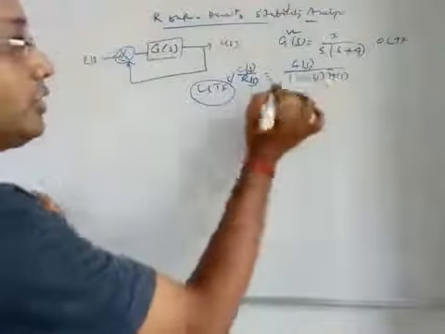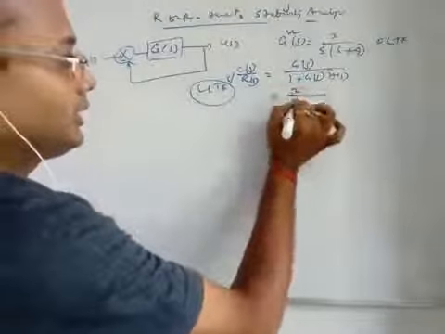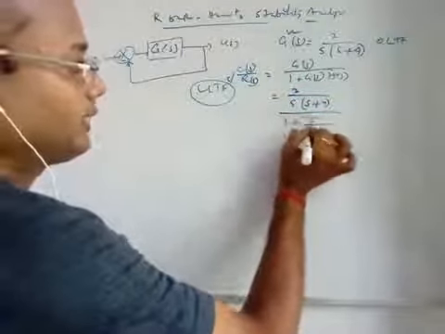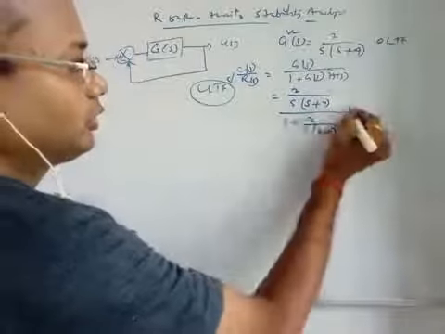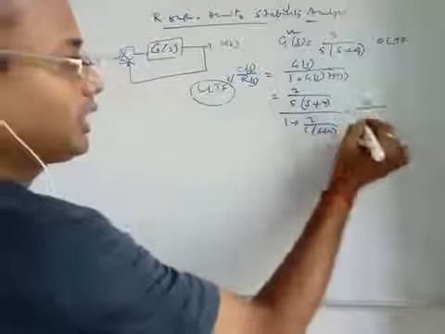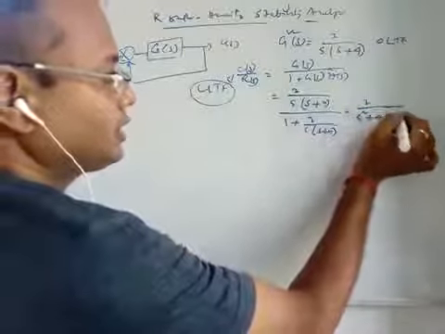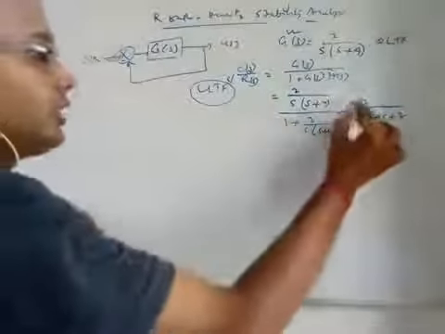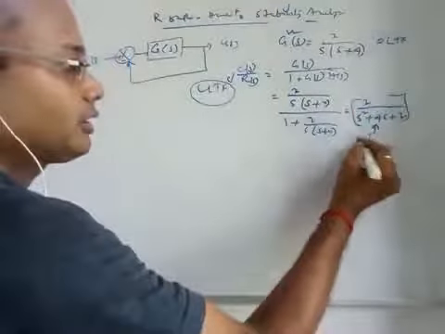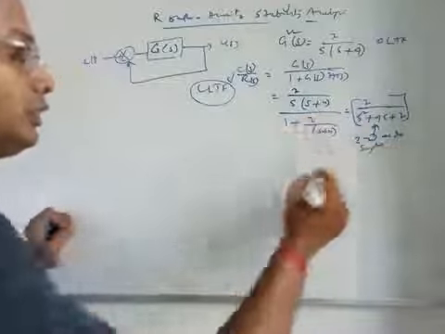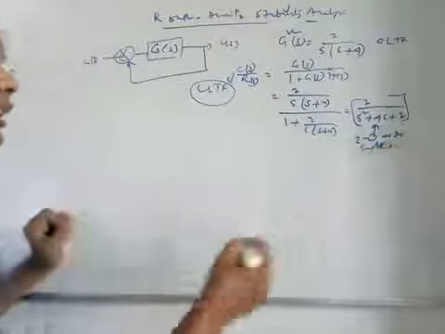So the closed loop transfer function is like this: 2 by s into (s plus 4) divided by 1 plus 2 by s into (s plus 4). If you solve it, you get s squared plus 4s plus 2. Now, what is this? This is a second order system, right? So how can you get the stability of it?